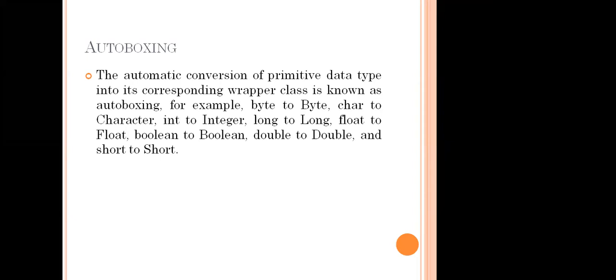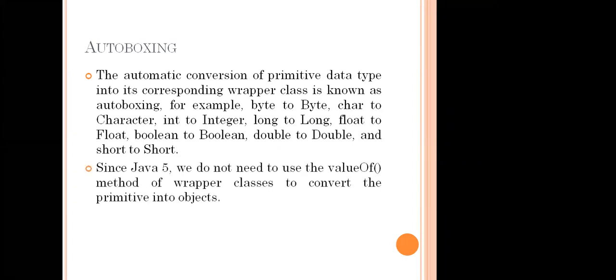For example, byte to Byte, char to Character. The lowercase byte is the primitive one and the capital B Byte is the wrapper one, so we convert a primitive to an object. Likewise, int to Integer, double to Double and short to Short.